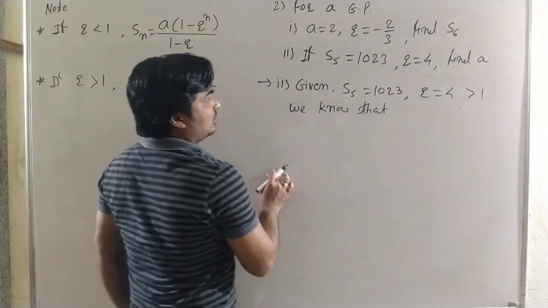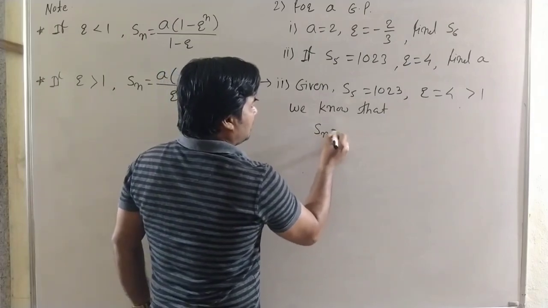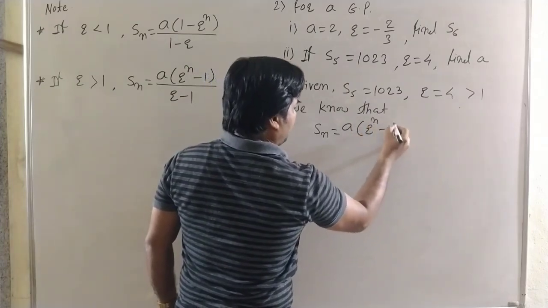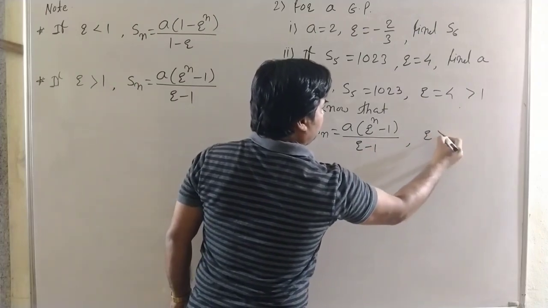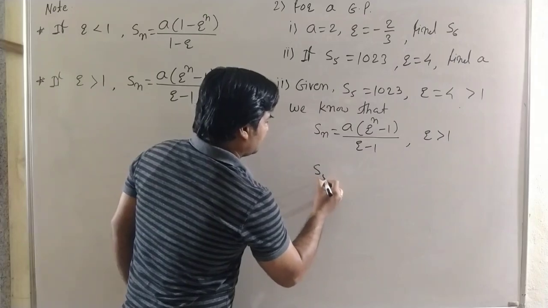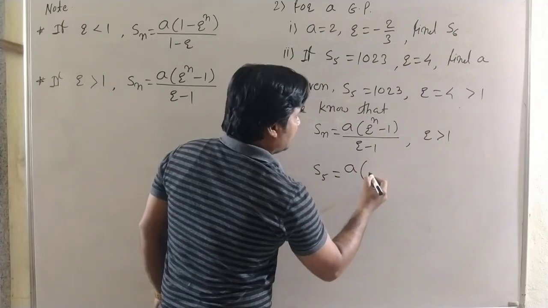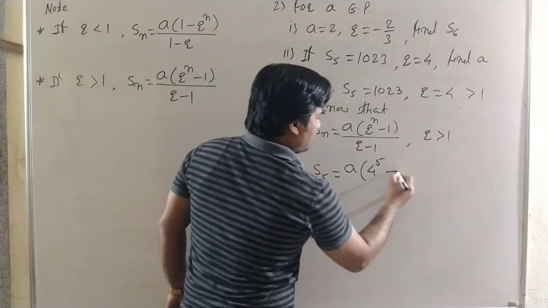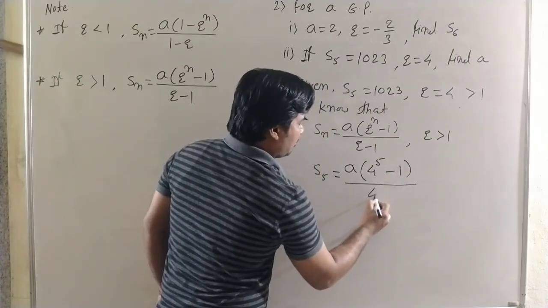Now we want to find the value of a, that is the first term. We know Sn, the sum of the first n terms, is a into r to the power n minus 1 upon r minus 1, when r is greater than 1. Now here S5 is equal to a into 4 to the power 5 minus 1 upon 4 minus 1.